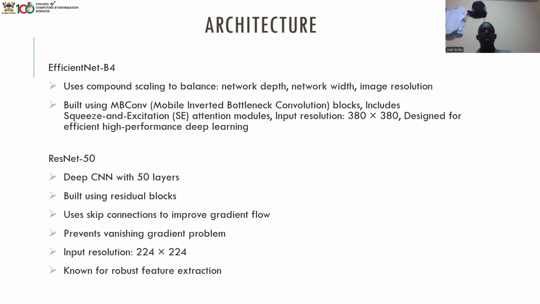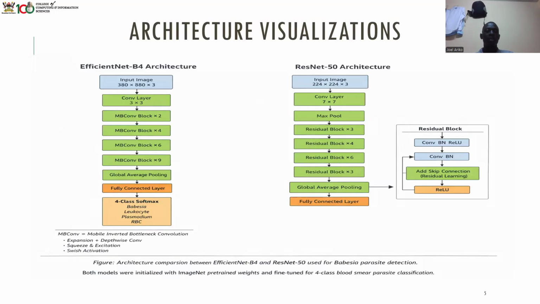For this one, I used an image resolution of 380 by 380, which is designed for efficient, high-performance deep learning. Then the ResNet is a deep convolutional neural network which has 50 layers, as you can see in this architecture.